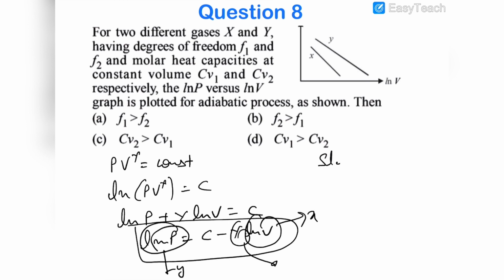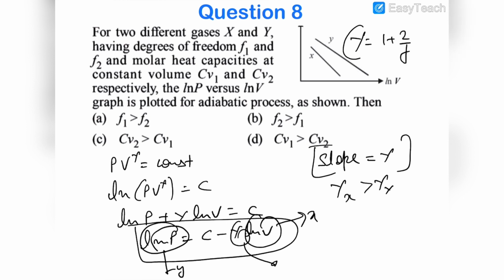The slope is actually gamma, so gamma of X is greater than gamma of Y, and we know that gamma is equal to 1 plus 2 by f. So gamma is inversely proportional to the degree of freedom.